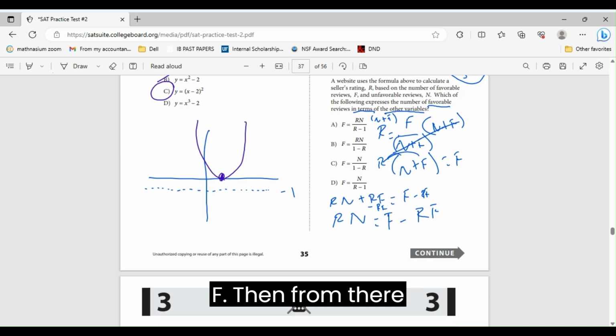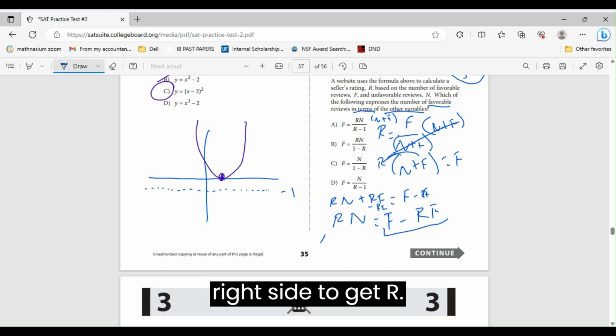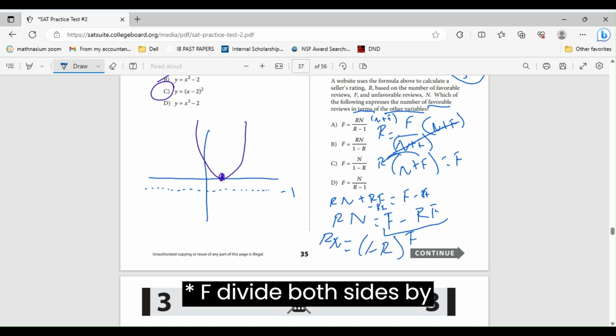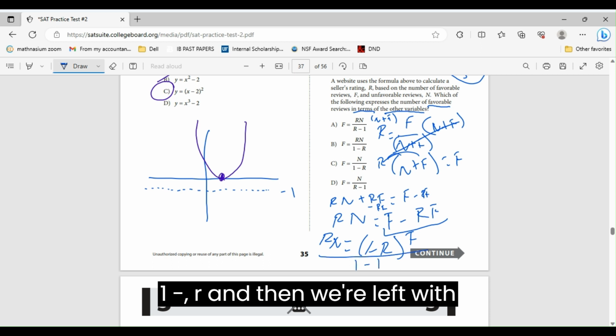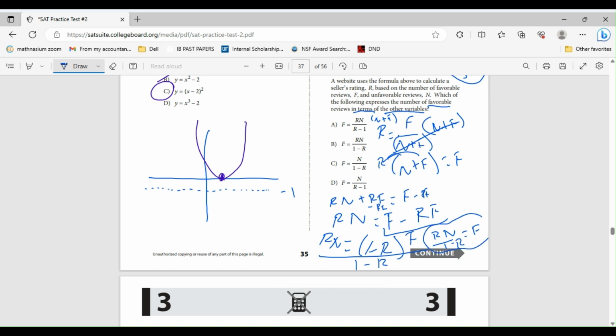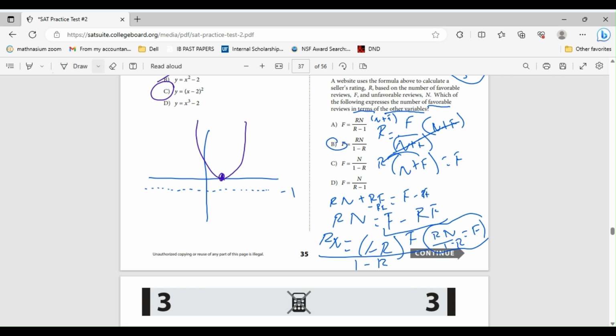Then from there, we can pull out an F from this right side to get Rn equals 1 minus R times F. Divide both sides by 1 minus R, and then we're left with Rn over 1 minus R equals F, which is equal to B.